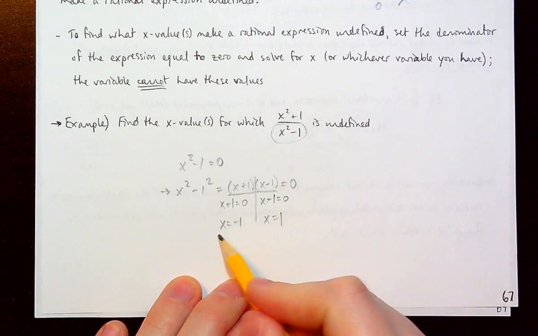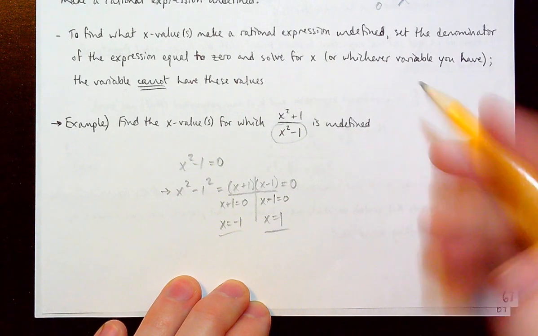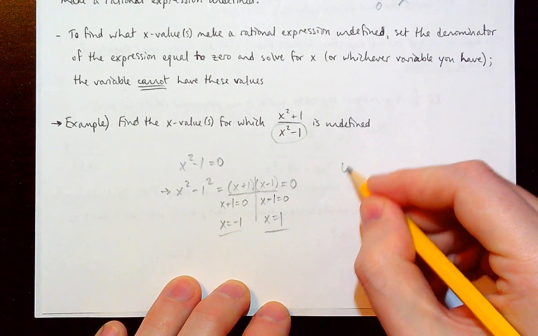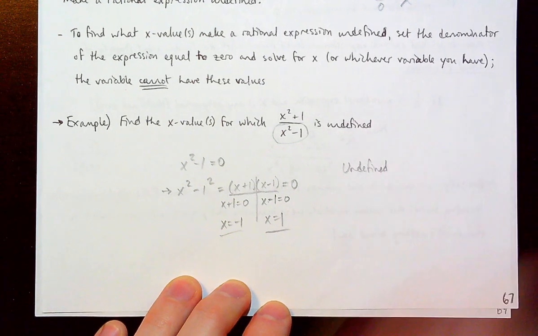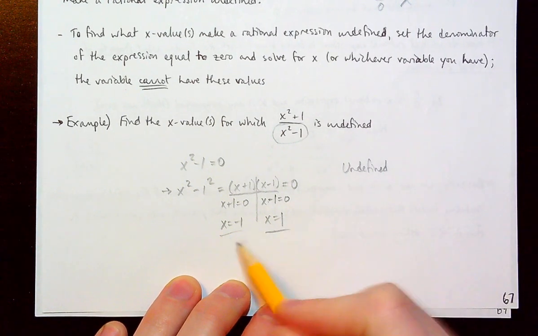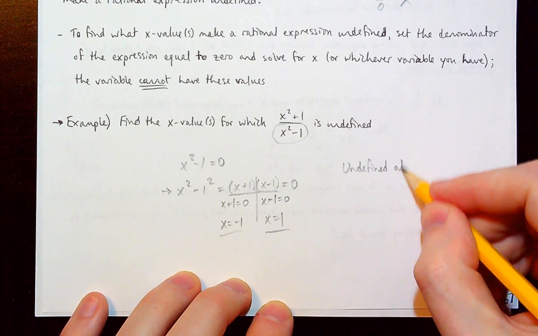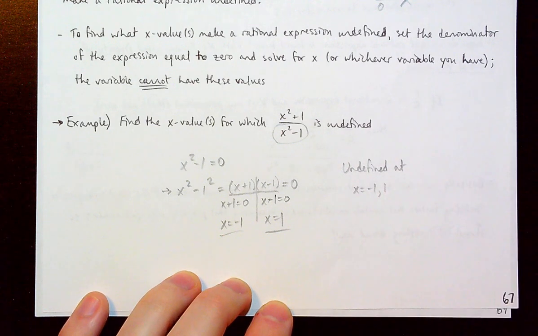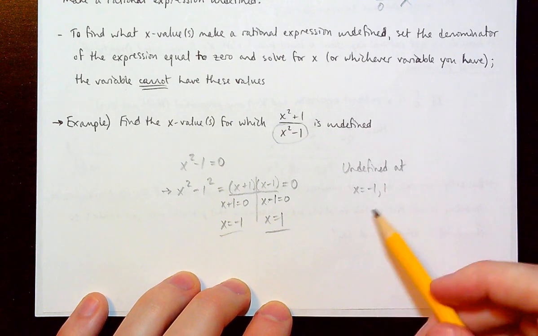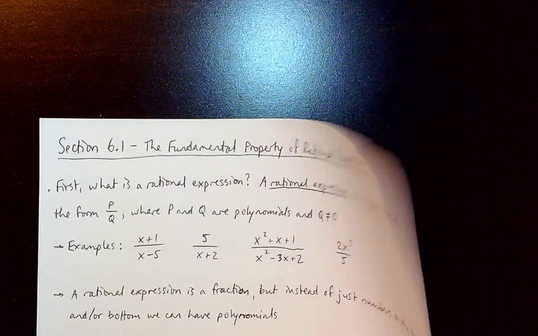So these are the two values for which this rational expression is undefined. We cannot plug these two values in and get something back. So we can just note that it's undefined at x equals negative 1 and x equals positive 1.